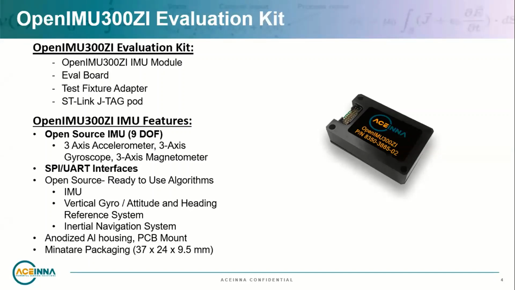And we have the inertial navigation system application, where you can connect external sensors like a GNSS receiver or steering angle or odometer in order to get the complete ACEINNA solution with the position, velocity, attitude, and other parameters as well. So this comes in an anodized aluminum housing with a PCB mount, and it is a miniature packaging as well.